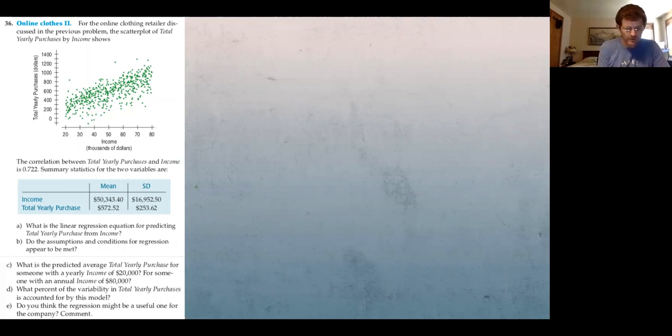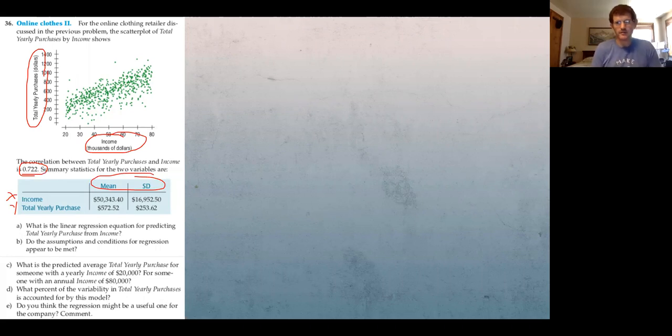Luckily it gives me a scatter plot, and I've got income as the X and total yearly purchases as the Y value. Right here it tells me the mean and standard deviation of each of those. The correlation is given right here, 0.722. Because it's this way, I have to do some calculations. I can't just plug the list in and have the calculator do it all for me.